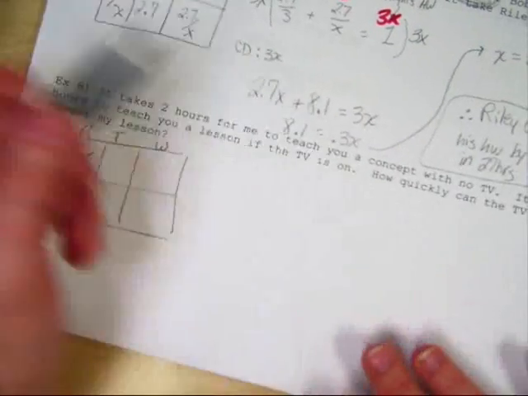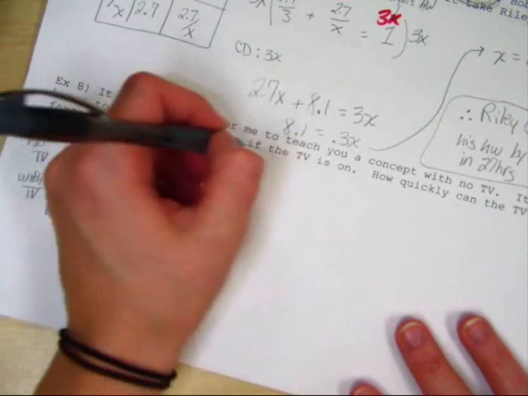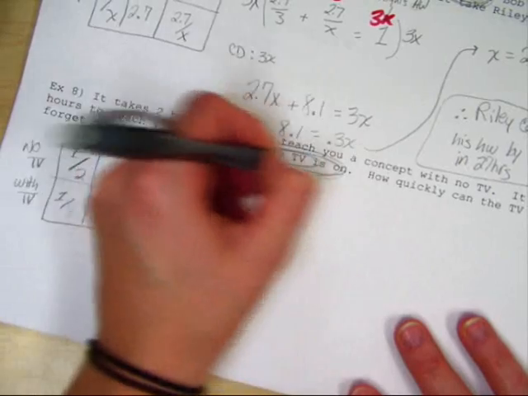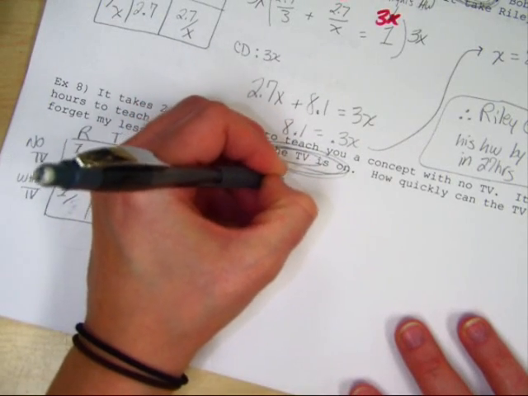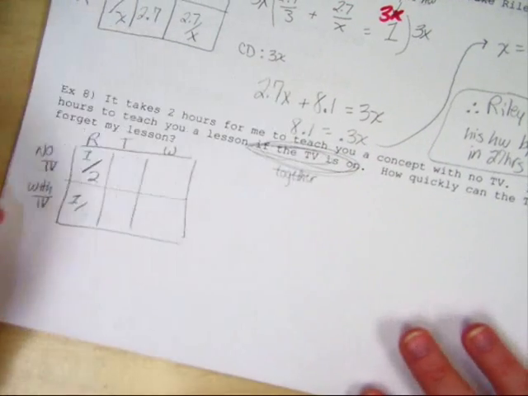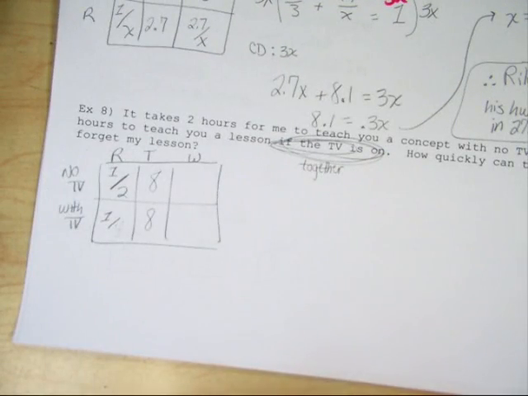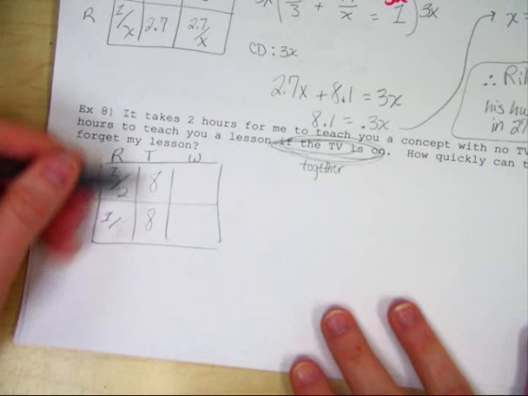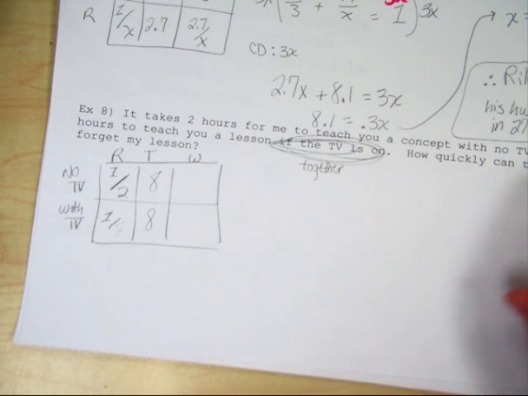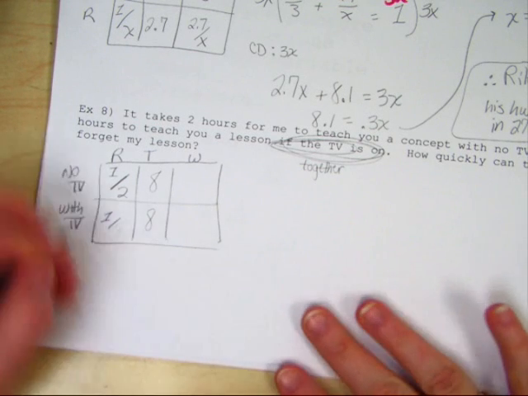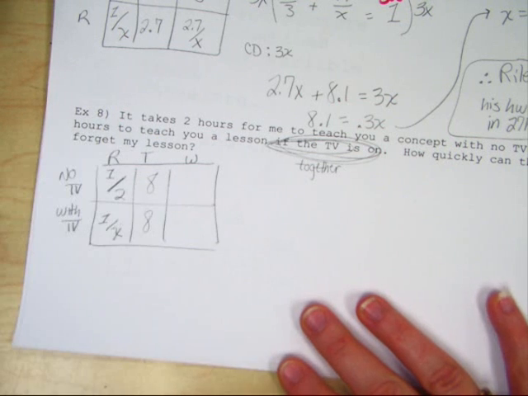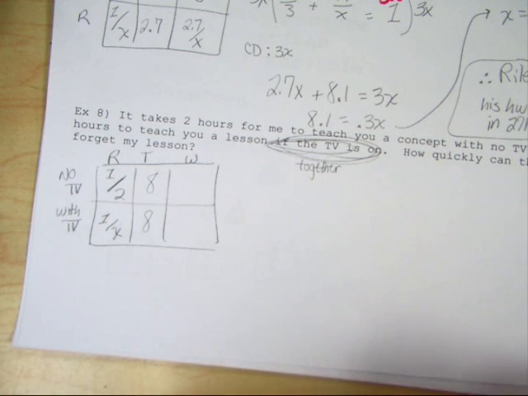With the TV turned on, that's time together. So actually, 8 goes in here, because that's with both of them working. It goes in the middle, because it actually says how quickly does the TV work. So our x goes under the TV.